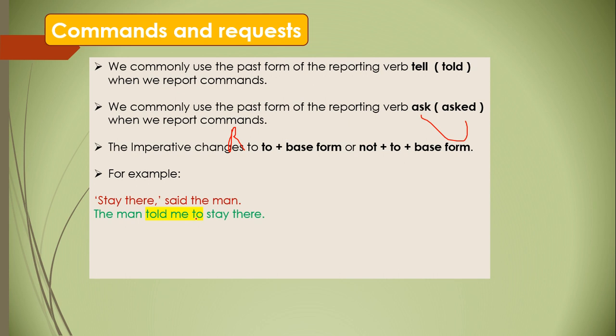To plus verb. Another example: don't take this away, please, he said. So this is a request, and I use asked as a reporting verb. So she asked me not to take that away. Don't changes to not to.